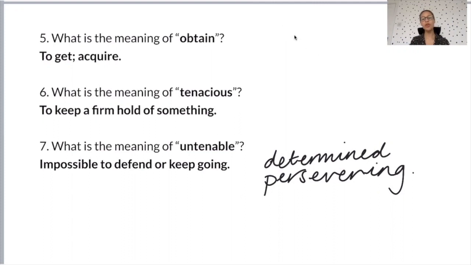Okay, not a one-sided argument, Anselm, more just not a good argument. If you say, oh, I shouldn't have to go to school today because it's raining, it's not a good argument. You're not making sound points there. So untenable means impossible to defend or keep going.